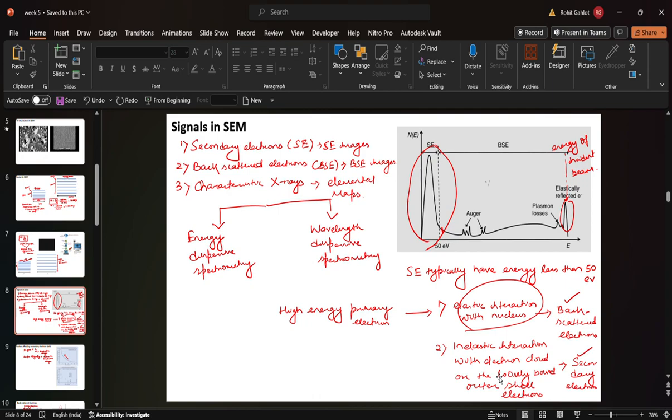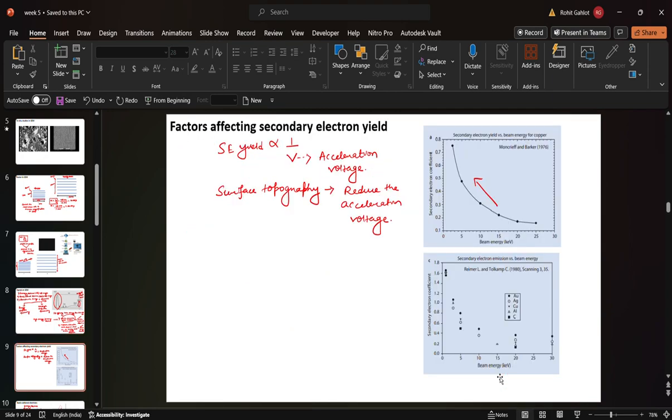Whenever a surface modulation or change in slope appears, you see a very high contrast, and you are able to distinguish between particles of different composition. I also covered that the secondary electron yield is inversely proportional to the accelerating voltage. Similarly, surface topography contrast reduces with the accelerating voltage.